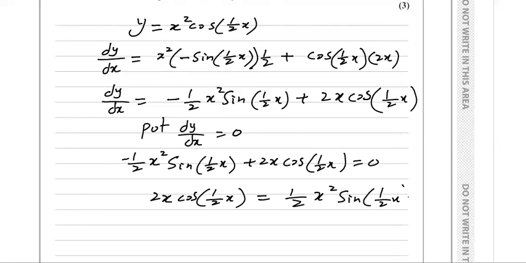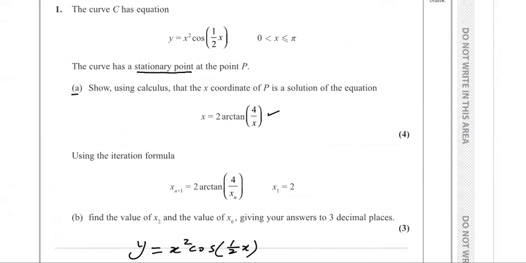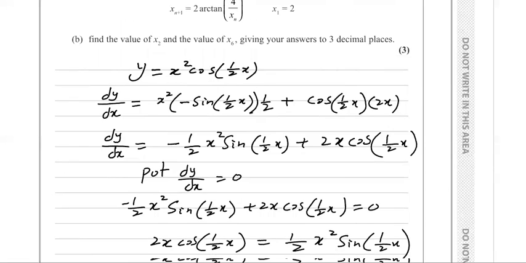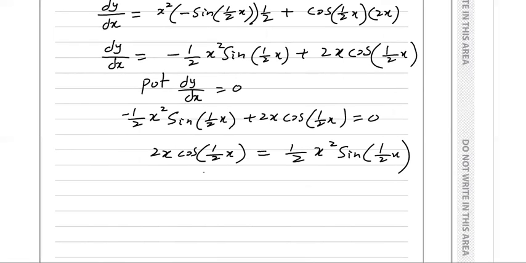Now if you look at the result that we want to make, it has tangent in that one. To make the tangent, we know very well, tangent is sine over cosine. So what I will do, I will take this cos to the other side and shift this one to this side.